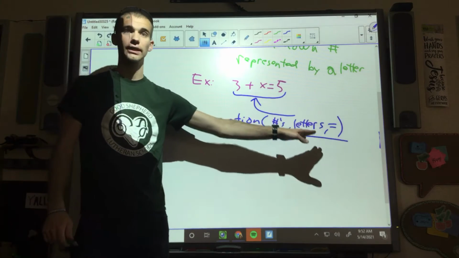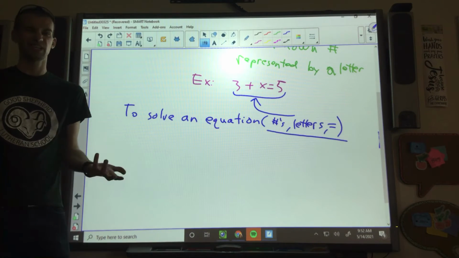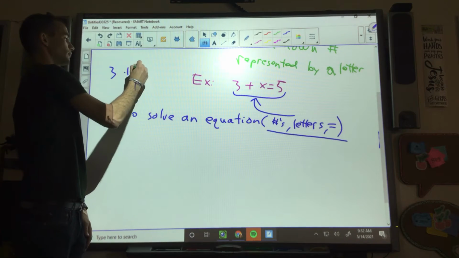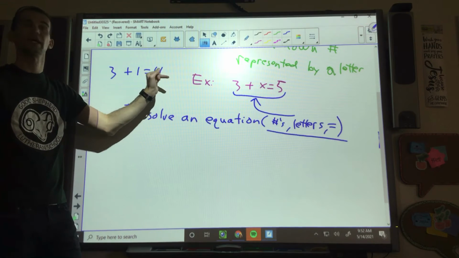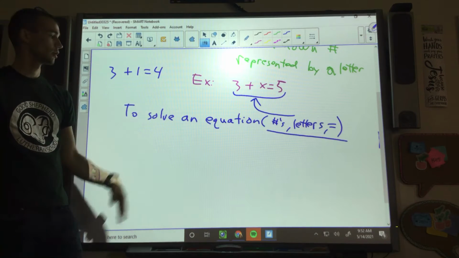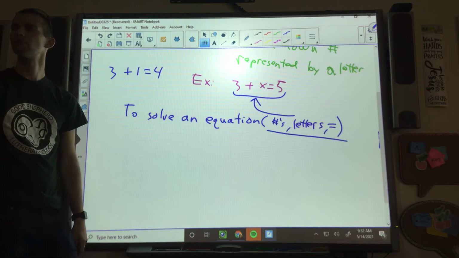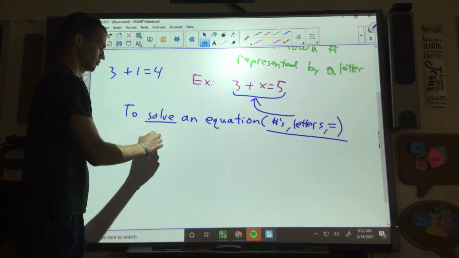It's got a number, it's got a letter, it's got an equal sign. That makes it an equation. Technically, you don't even really need the letters. You could say 3 plus 1 equals 4. That's still an equation. It's got a number and an equal sign. But to solve an equation, solve means what? To figure out and get an answer for.